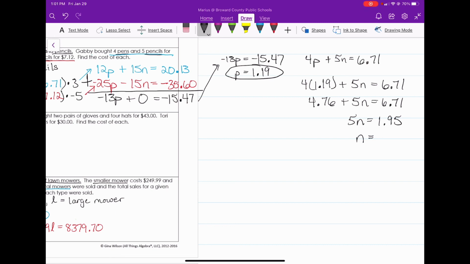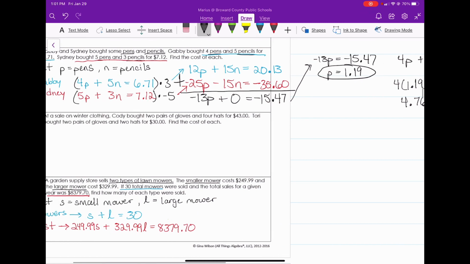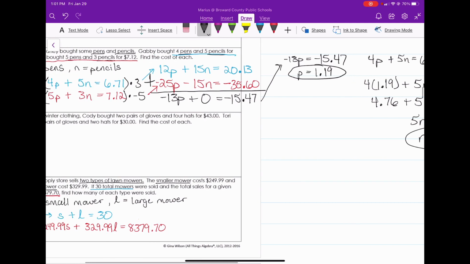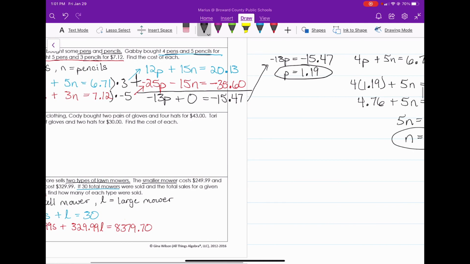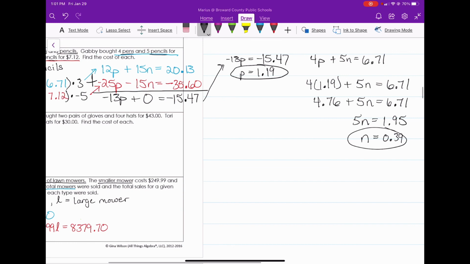So when we do that, divide 1.95 by 5, we get 0.39. So now we know that the cost of pens is $1.19, while pencils only cost 39 cents.